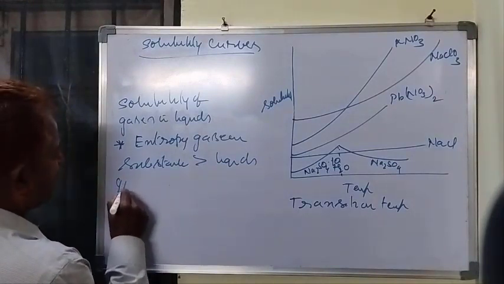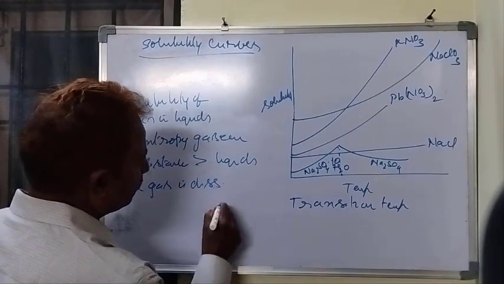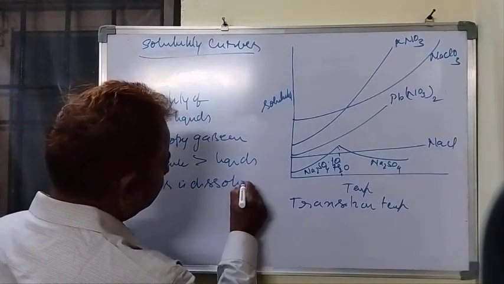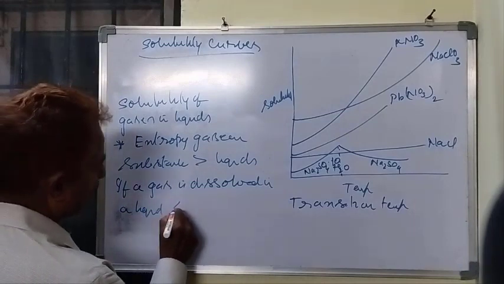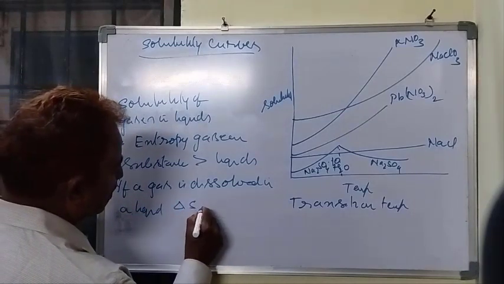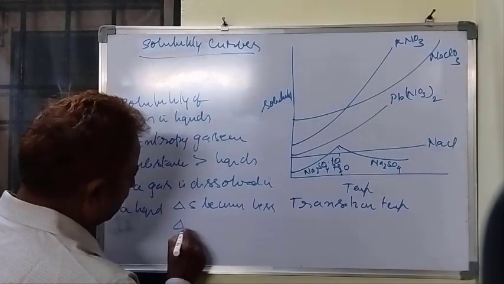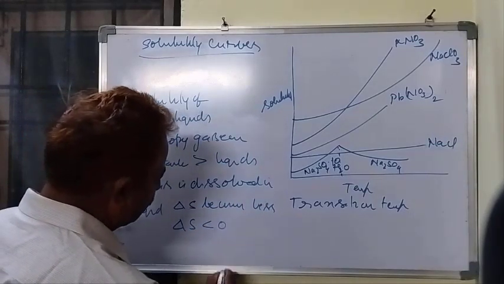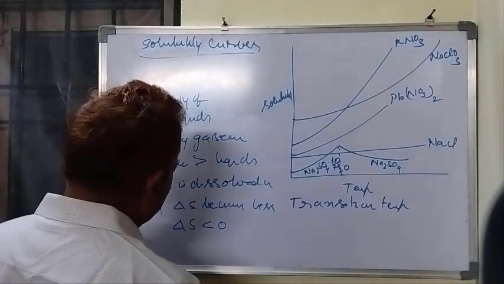So if a gas is dissolved in a liquid, delta S becomes less. That means delta S is less than 0.